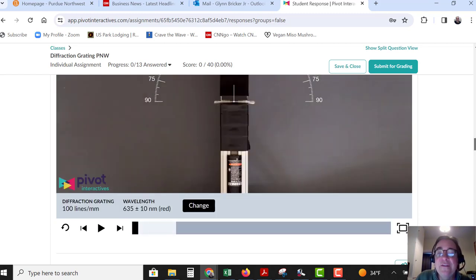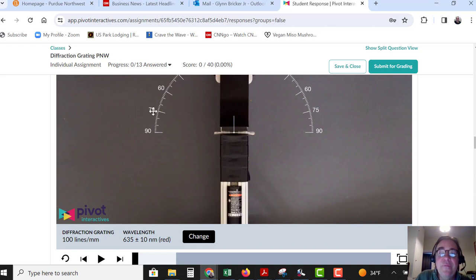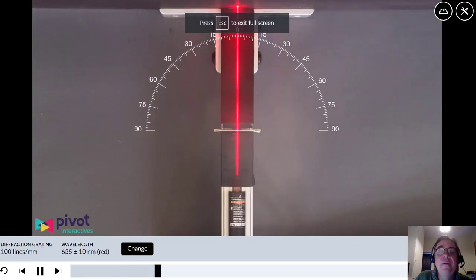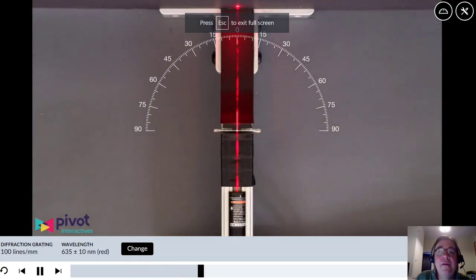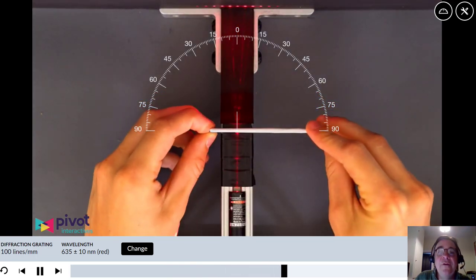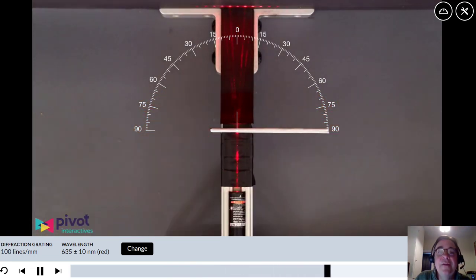Same thing, you might have to fine tune where this measuring device is. Okay, so they're putting in the one. Oh, now you can really see it, huh?